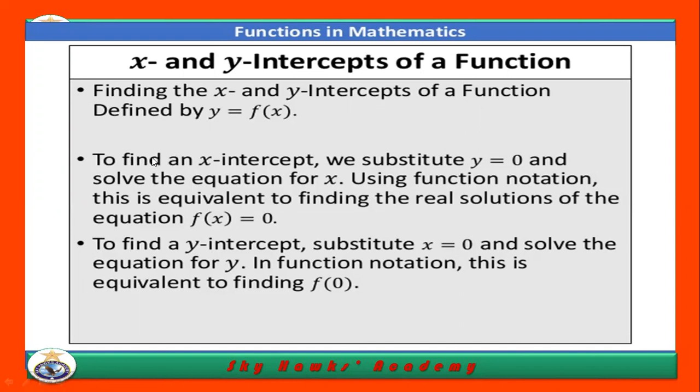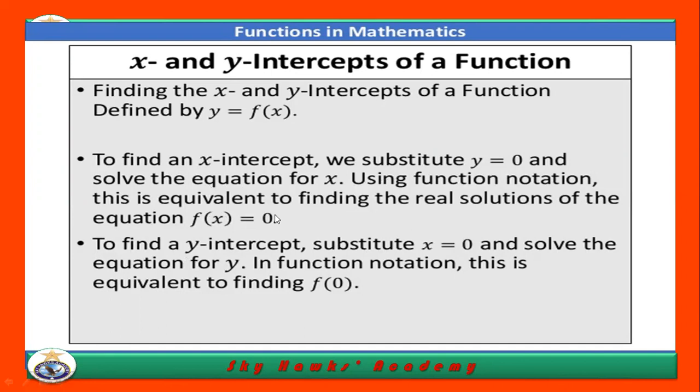So that's why this is the working rule. To find an x-intercept, we substitute y equals 0 and solve the equation for x. Using function notation, this is equivalent to finding the real solutions of the equation f(x) equals 0.